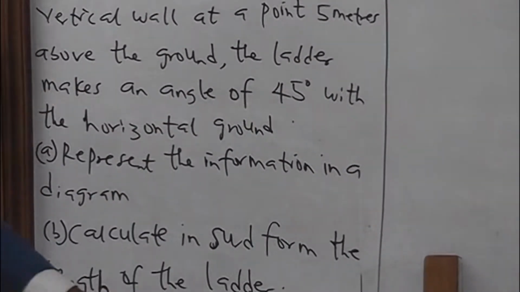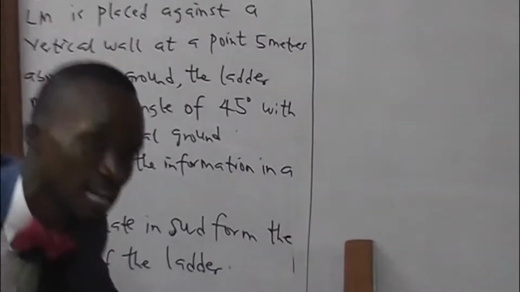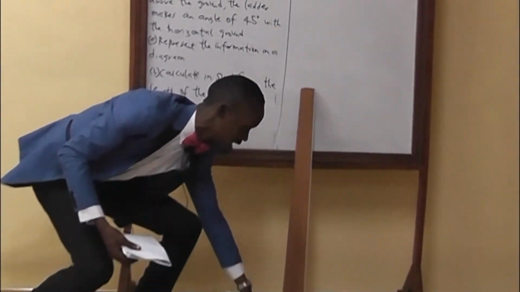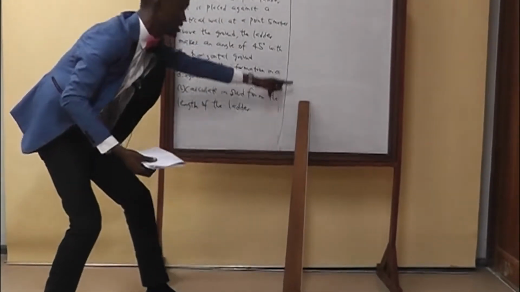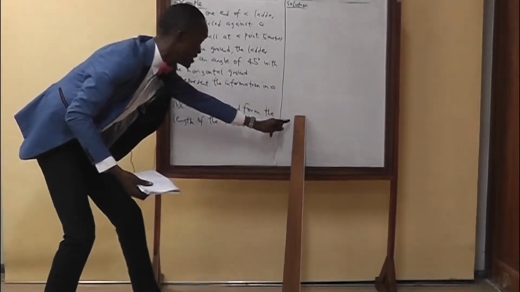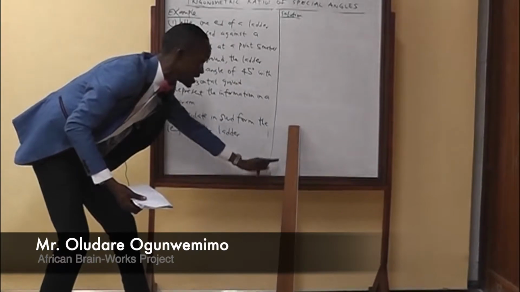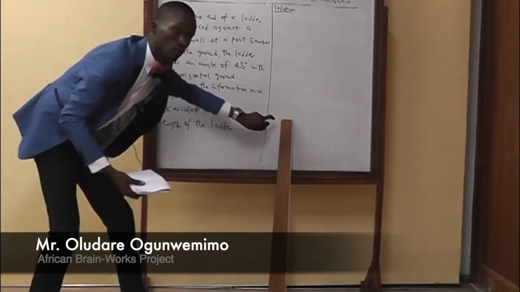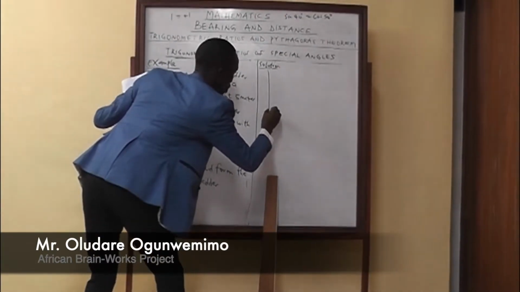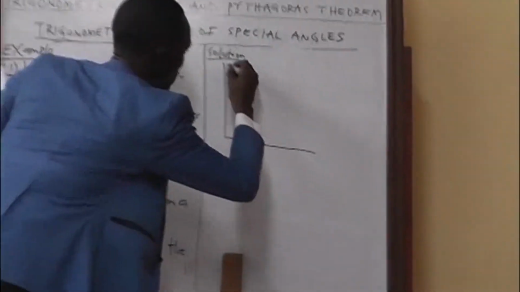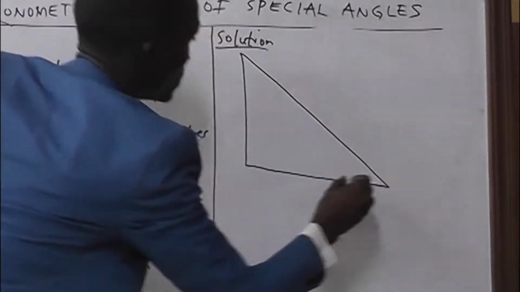And the diagram we are using now is the length of this ladder, the distance from A to the base of the wall, and the height below the point where the ladder is touching the wall. So for that, we have this right angle triangle. This is the wall, this is the horizontal ground, and this is the ladder.